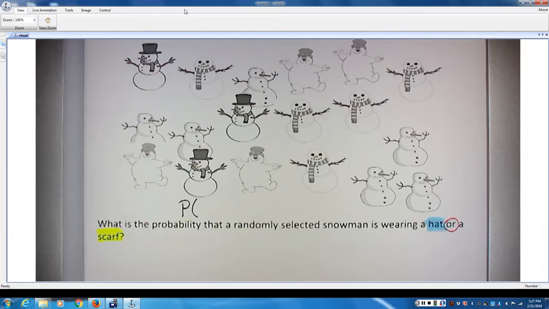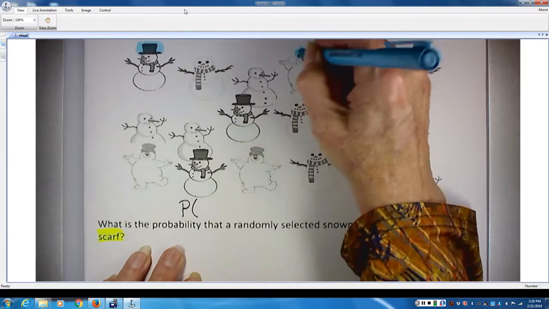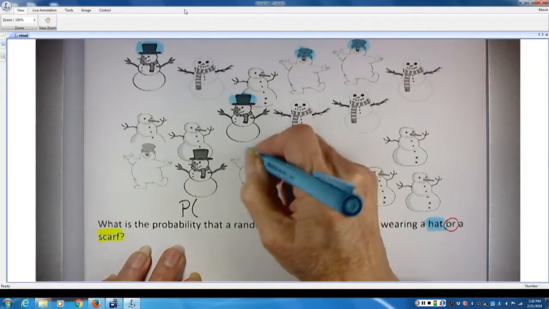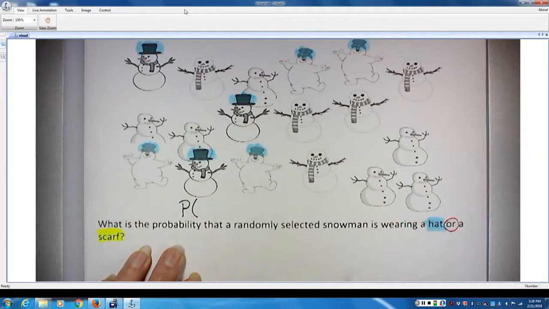Okay? So here's what I'm going to do. I'm first going to mark all the snowmen that are wearing hats. I believe that's all the ones that are wearing hats. Do you agree? Then I'm going to go back and I'm going to mark all the ones that are wearing scarves, because it's a hat or a scarf.